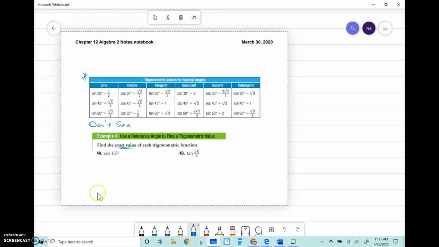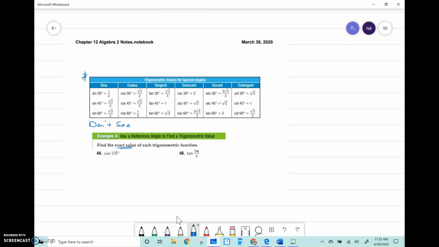If you don't see the degrees on the chart, you're going to have to add or subtract 180 until you get to that measurement.